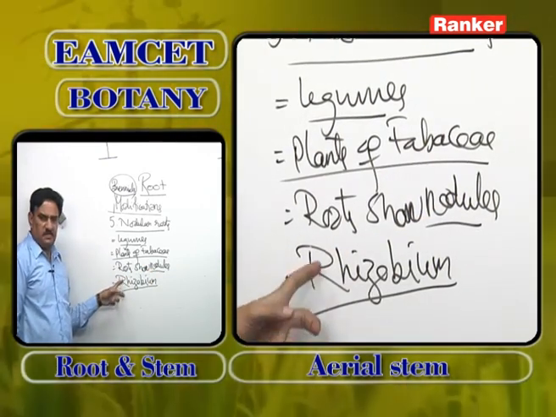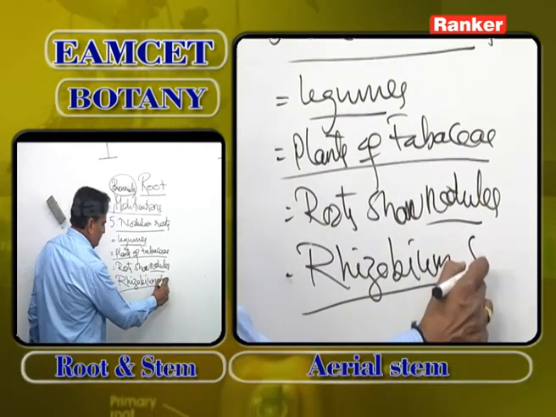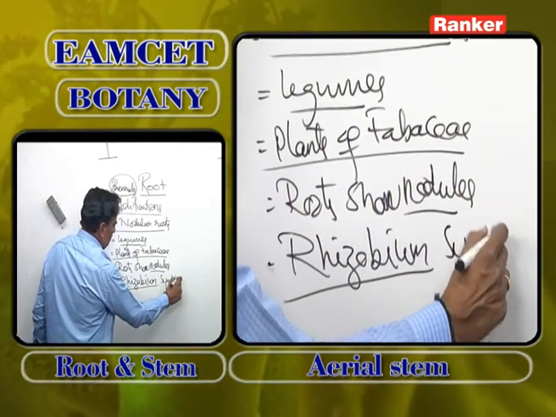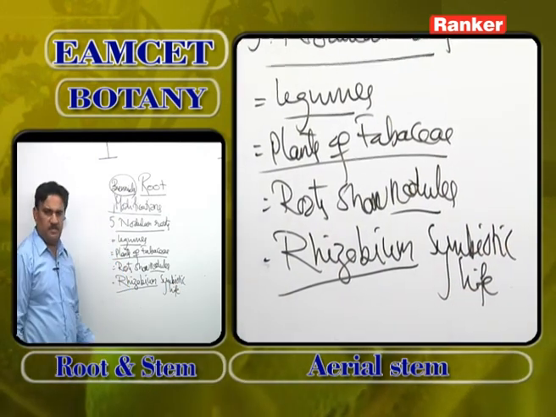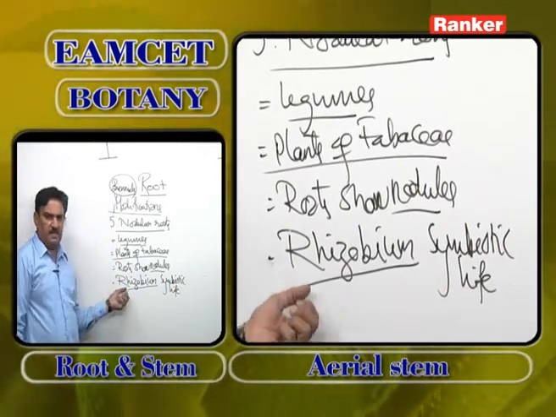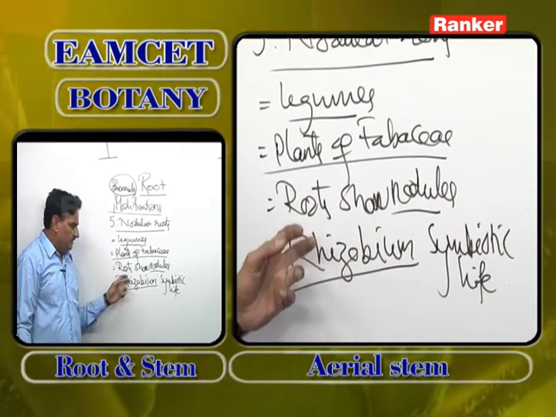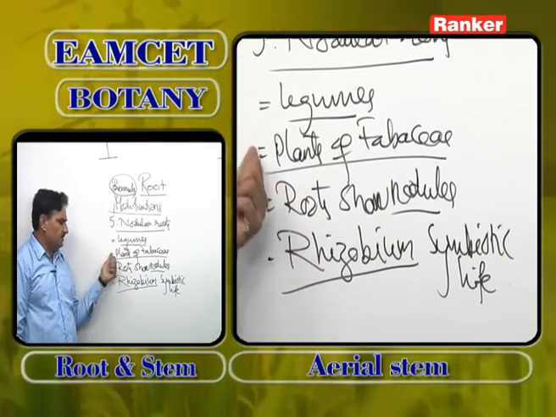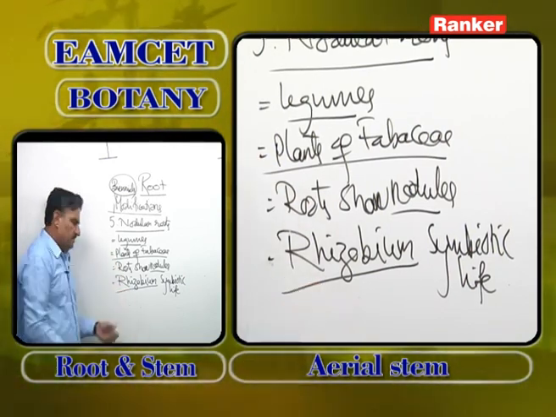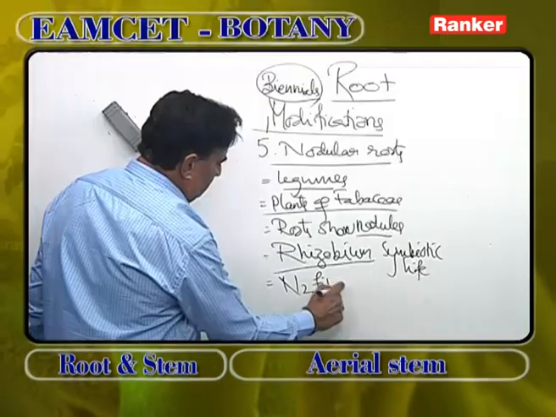These nodules contain a special bacterium called Rhizobium, which leads a symbiotic life. Symbiotic life means two totally different organisms living together and both getting benefited. So Rhizobium lives here, and Rhizobium helps in nitrogen fixation.